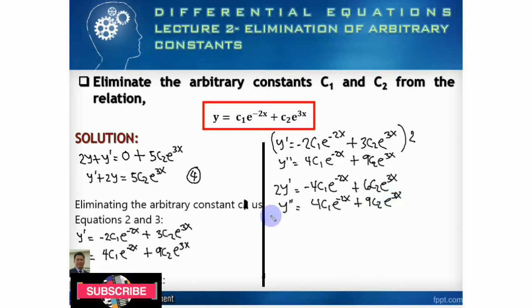If we add these two, C1 will be eliminated, so this is equal to 0.